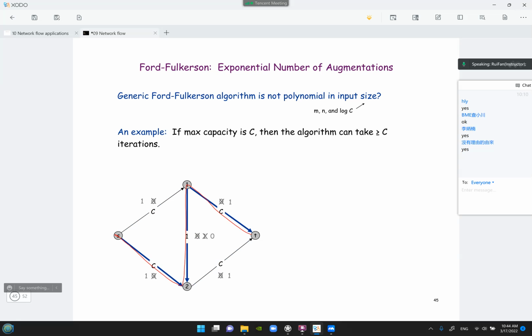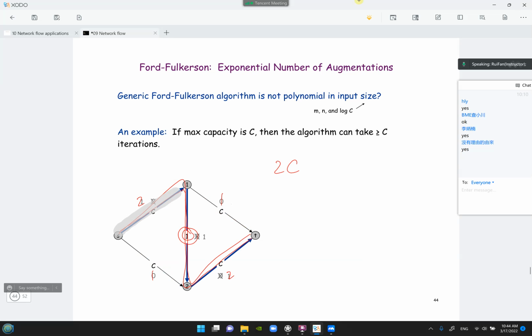So now your total flow is 2. And then you can just switch back and forth like this. In the third iteration, you can again find this as your augmenting path, and now you have 2 flow over here, and this is 1, so now your flow becomes 3.